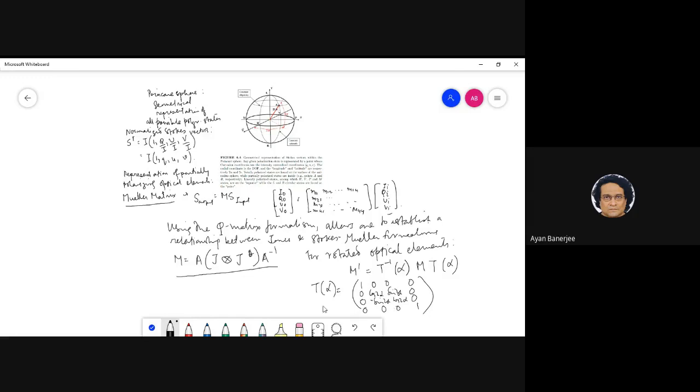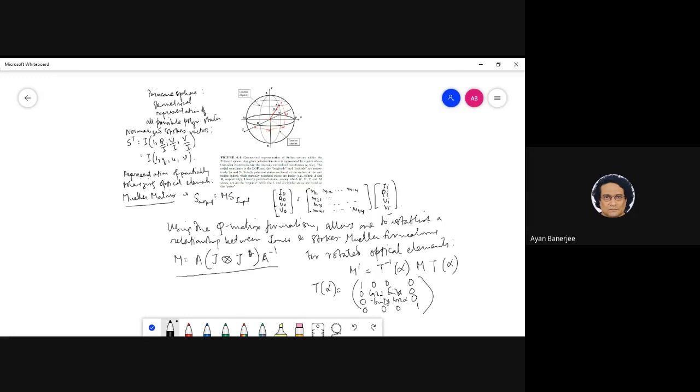You can find this from what we had for Jones. You can verify this. This is the 4x4. So for anything that you have for a certain optical element, if you rotate it by a certain angle, this is the transformation matrix that you should use.